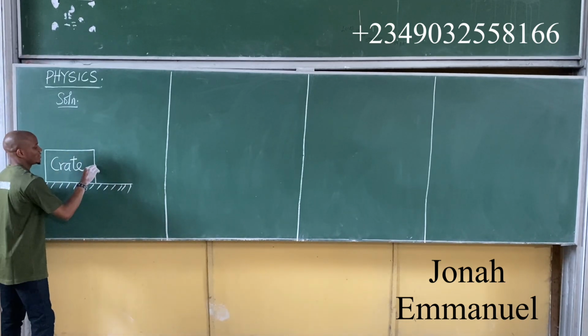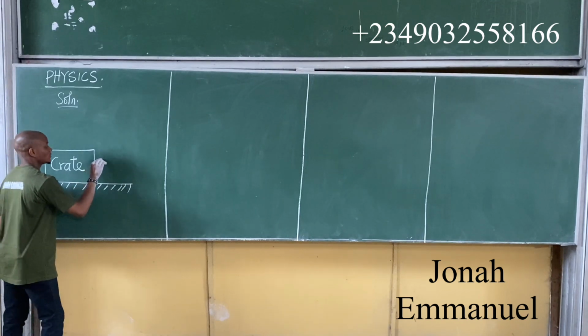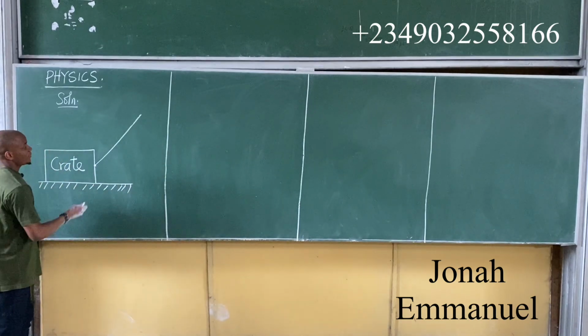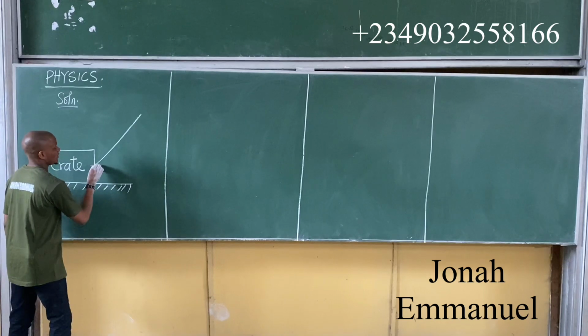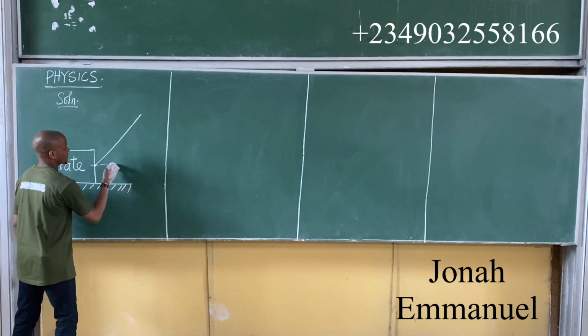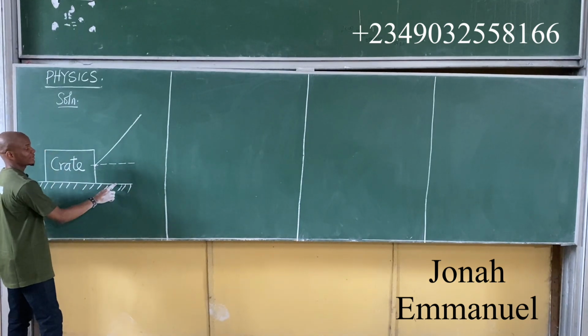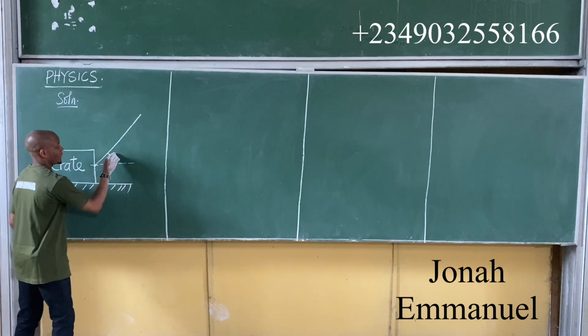We said the crate is tied to a string and is inclined at an angle this way. For this to be inclined at an angle, there must be a base, which we assume is the reference line, parallel to this angle here. What's the angle there? 30 degrees.